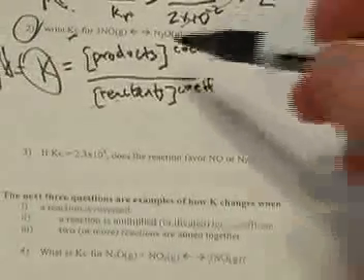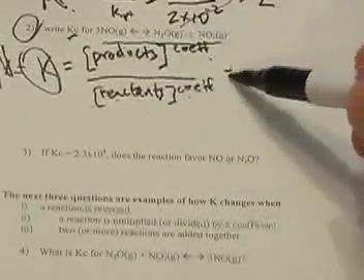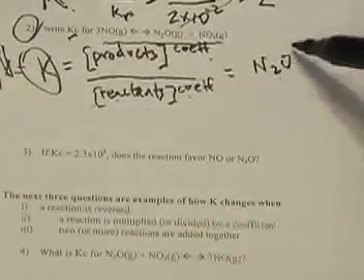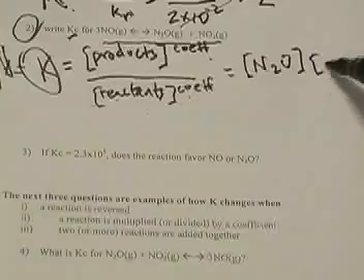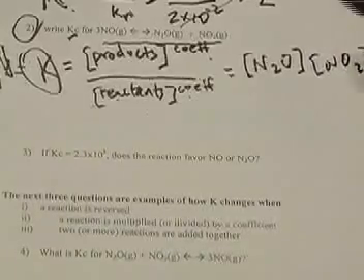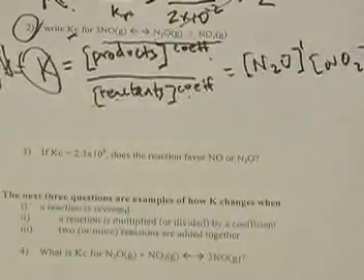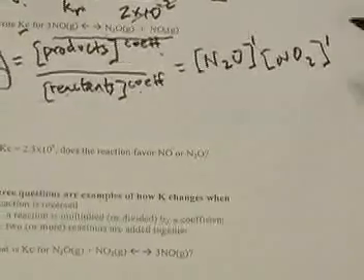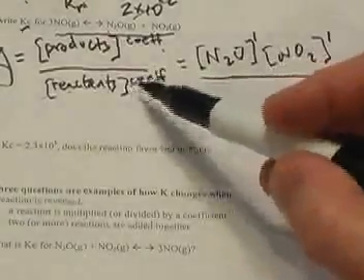Enough on that. Let's write the equilibrium constant expression for this equation. Notice the products are N2O and also NO2. And they each have a coefficient of 1 in front of them, so I could write a small 1 up here, meaning that that's their coefficients. Divide it by the reactants.